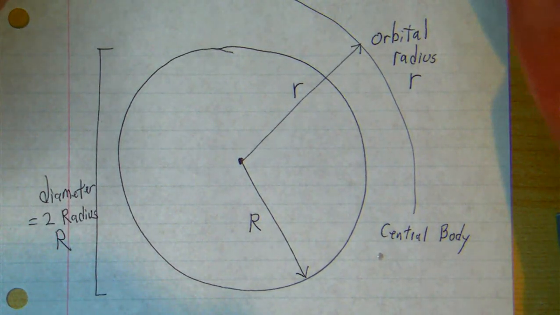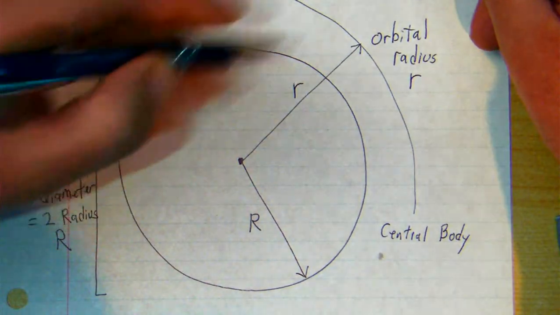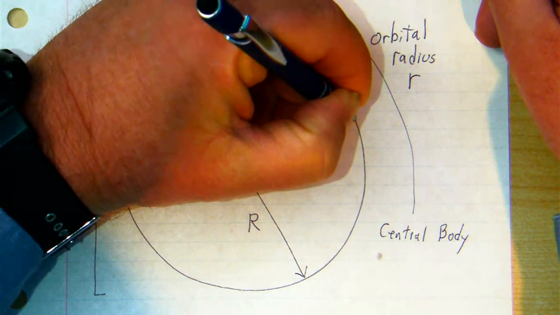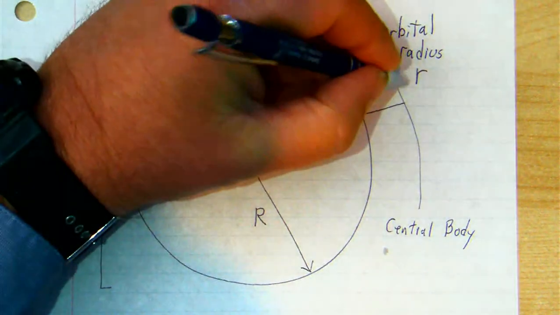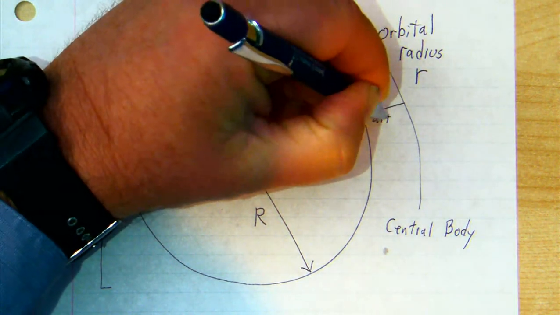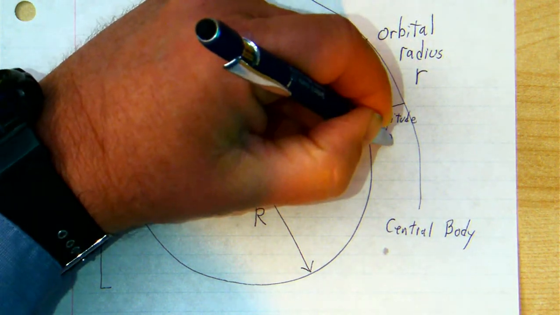It is very common, particularly when talking about Earth orbiting satellites, for us to refer to that satellite in terms of its altitude above the surface of the Earth. This altitude I represent with lowercase letter h.